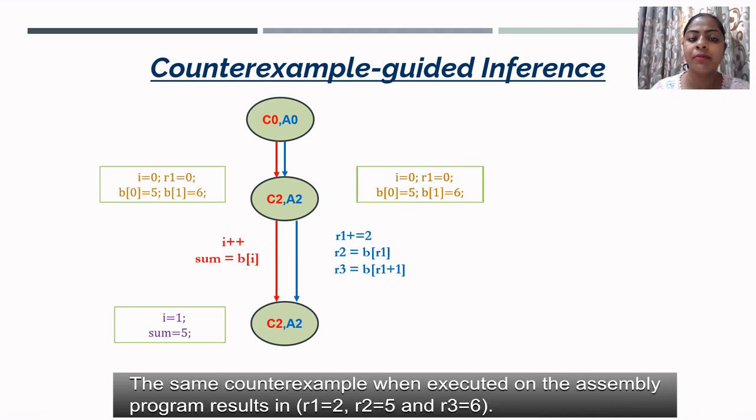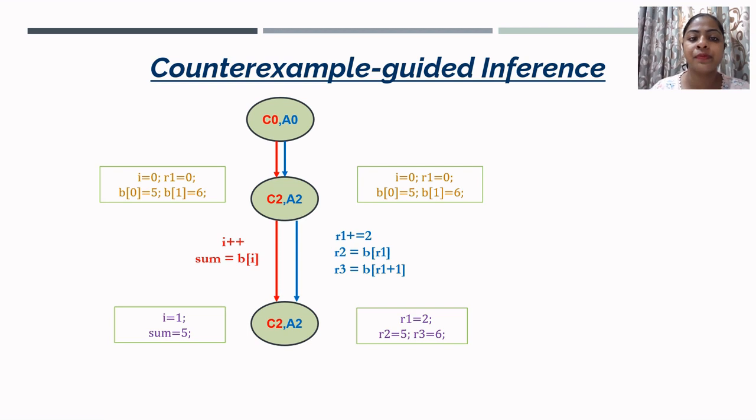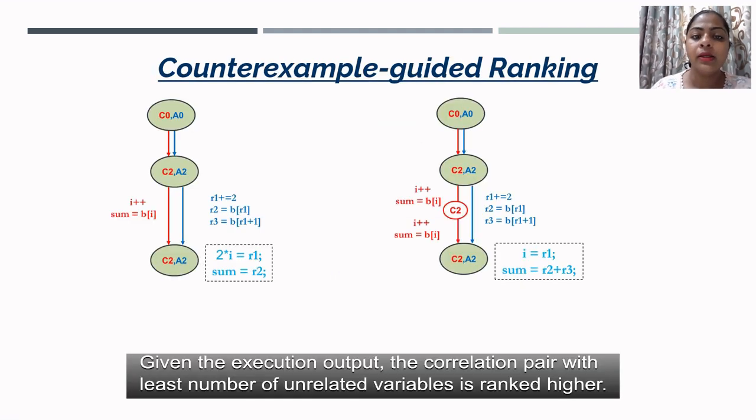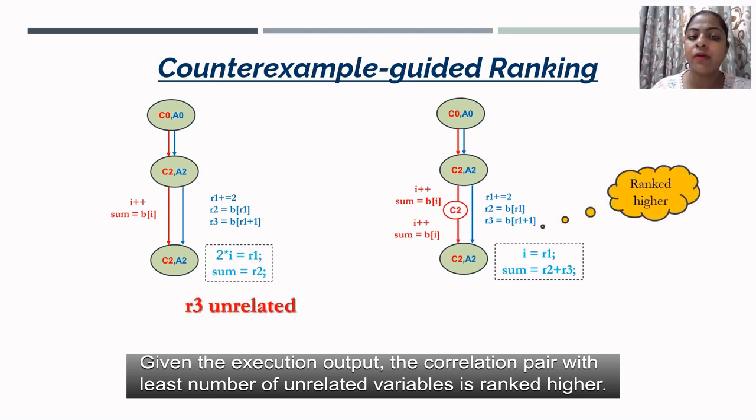The same counterexample when executed on the assembly program results in R1 equals 2, R2 equals 5 and R3 equals 6. The execution output for all counterexamples are then used to infer the strongest possible linear relation, which is 2 times I equals R1 and sum equals R2 in this case. Given the execution output, the correlation pair with the least number of unrelated variables is ranked higher.